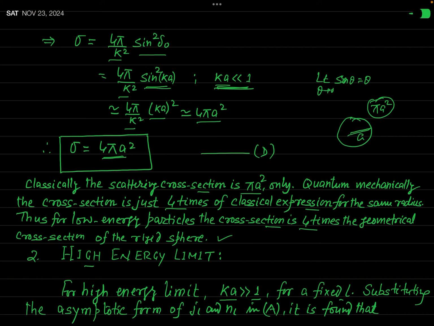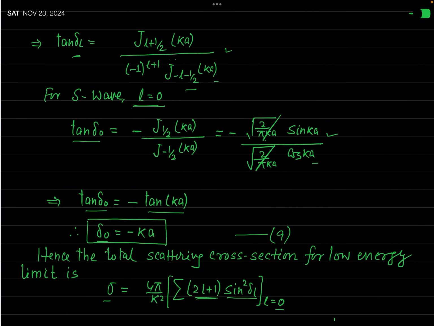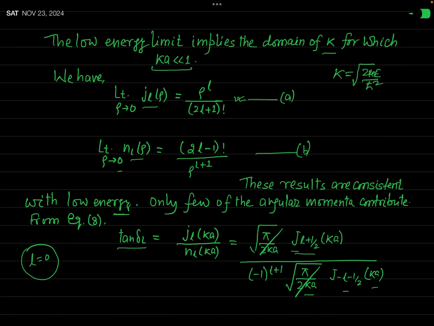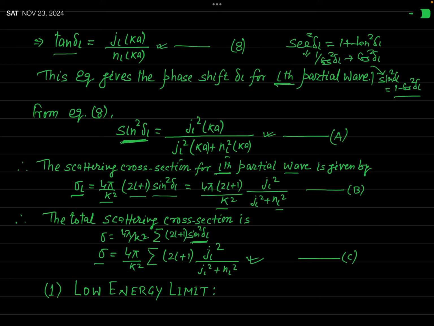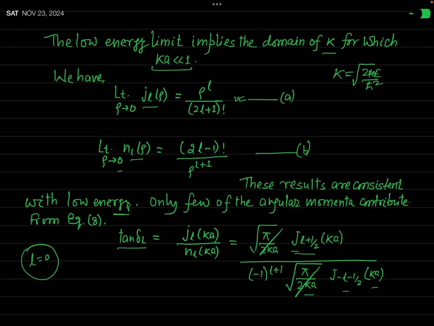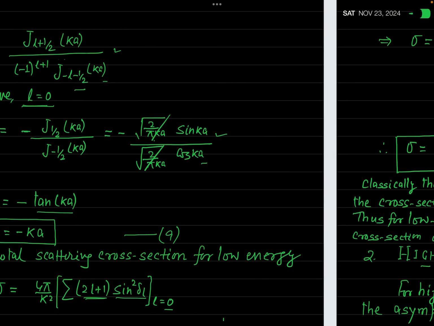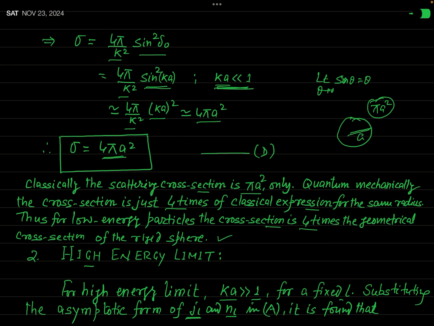Now, when you substitute the asymptotic form of the spherical Bessel functions small jl and nl in our original equation A, which we obtained for the phase shift, you get sine squared delta L. I hope you can remember the asymptotic form expressions for jl and nl, because I have already discussed them in my previous video, so you can get that in that video.